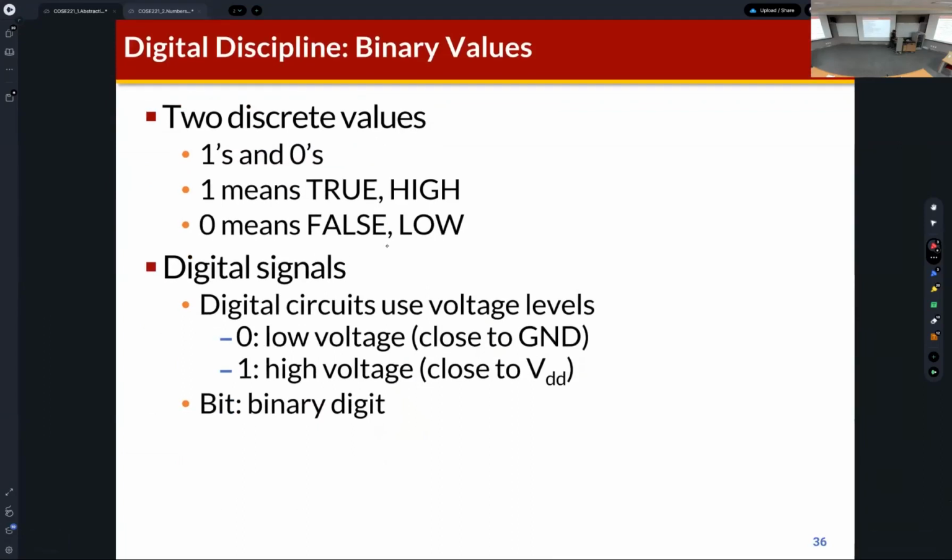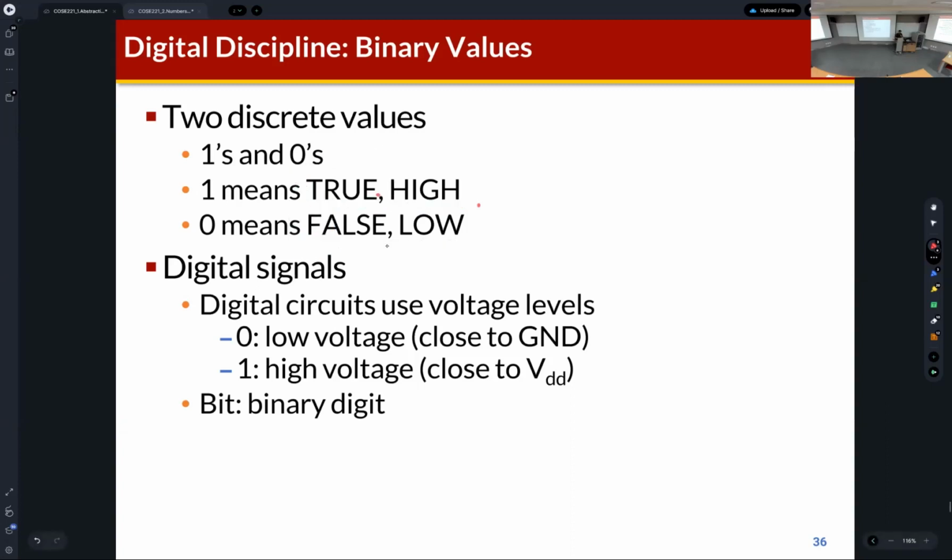As I mentioned, the values have only two different levels, 1 and 0. Usually in a digital system, 1 means true, or high, and 0 means false, F, or low.